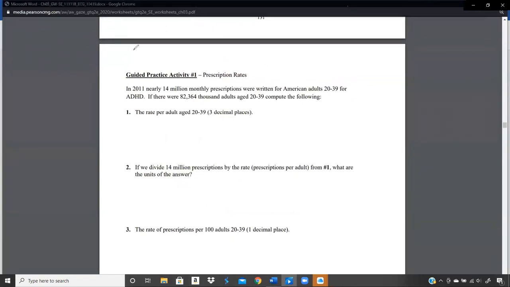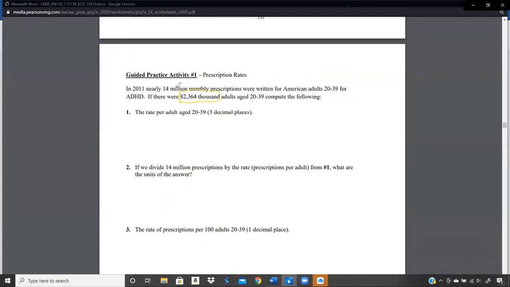Okay. So the rate per adult. So first of all, this number right here is our first instance of a goofy number. Why is it goofy? Well, it's goofy for 2 reasons. First of all, this number up here talking about people is 14 million, and then this number talking about people is in thousands.